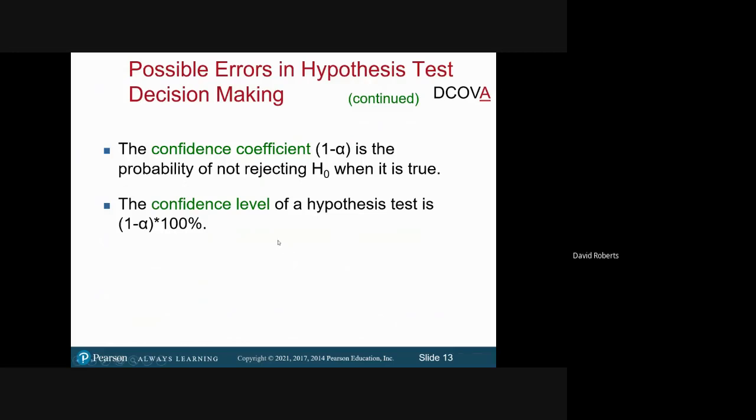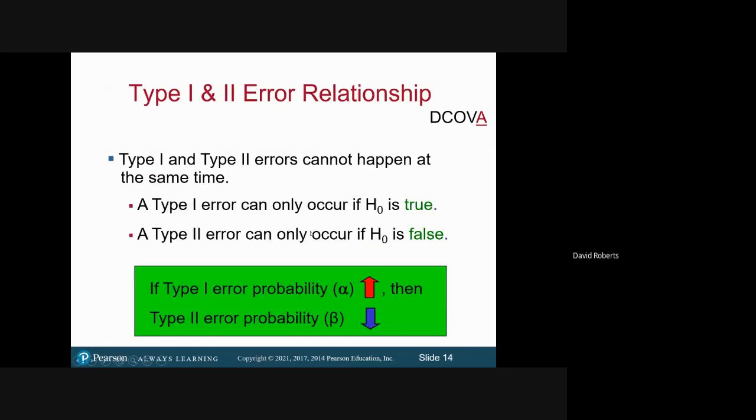The confidence level is 1 minus alpha. The confidence coefficient is the probability of not rejecting H0. And the confidence level, as you can see, is basically the larger number, the 90, the 95, the 99 that we've been talking about. So don't spend a huge amount of time worrying about type 1 and type 2 errors.